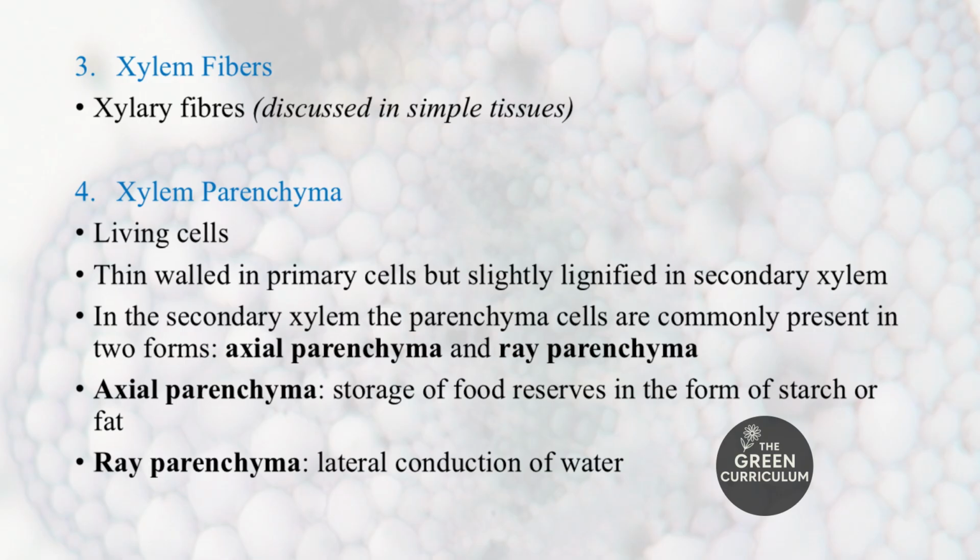The function of axial parenchyma is storage of food, especially in the form of starch and fat, whereas radial parenchyma is connected with the lateral conduction of water.